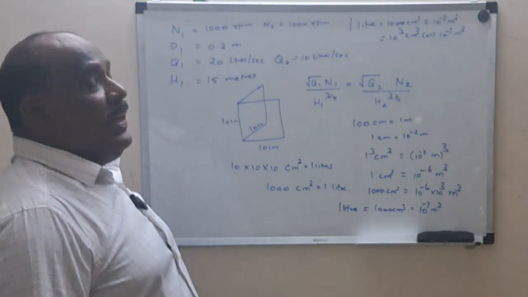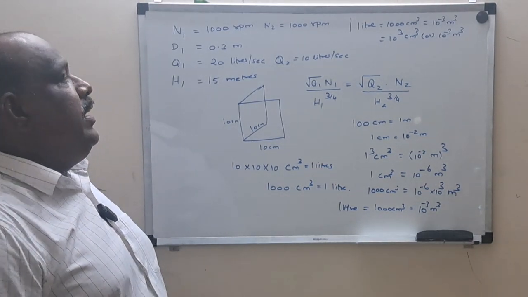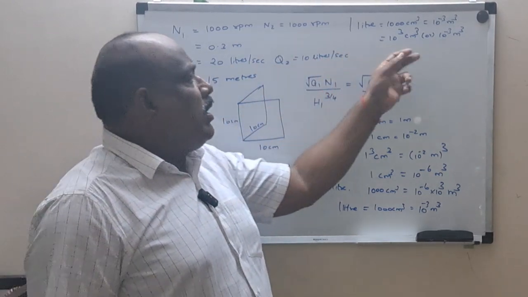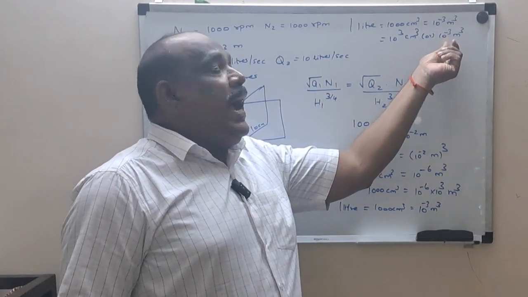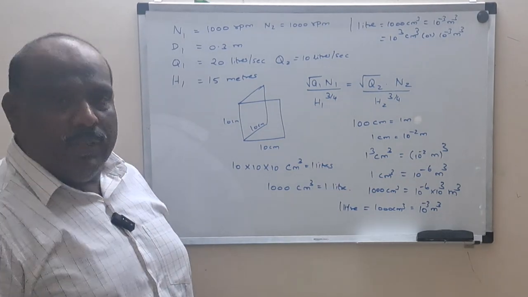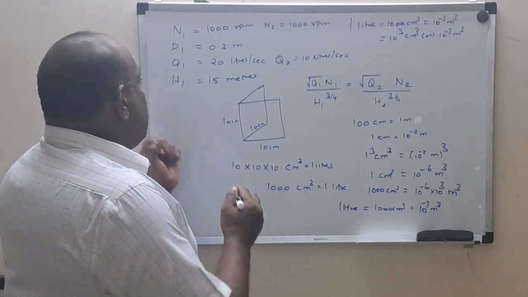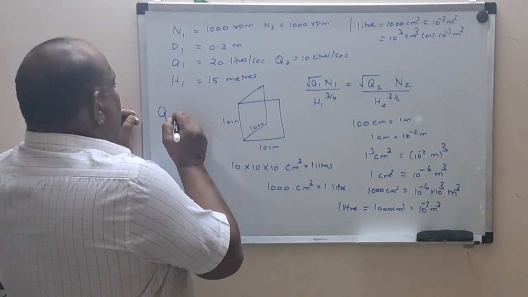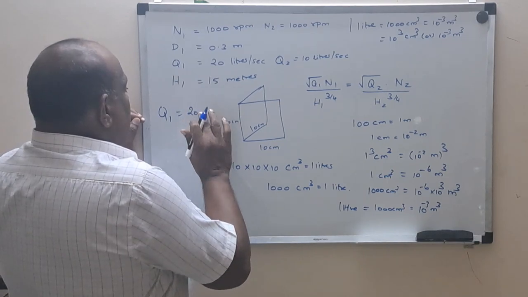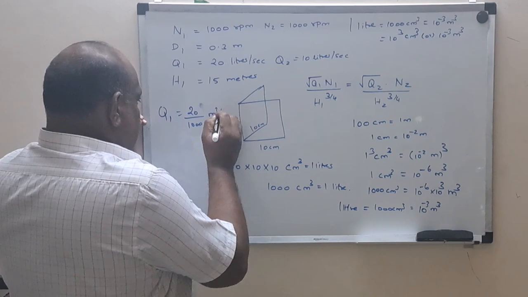Here they are given in liters. We have to convert into meter cube per second. To convert liters into meter cube, I have to divide by 1000, or multiply by 10 power minus 3. Both are the same. So the value of Q1 will be 20 by 1000 meter cube per second.